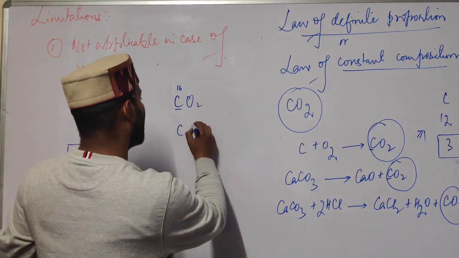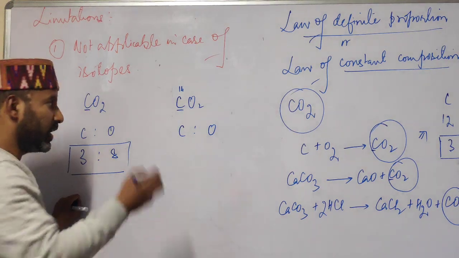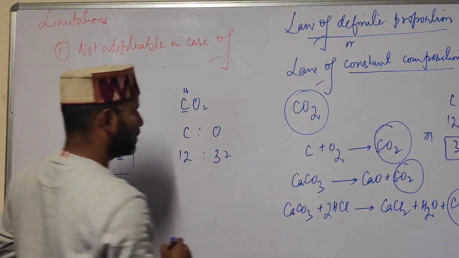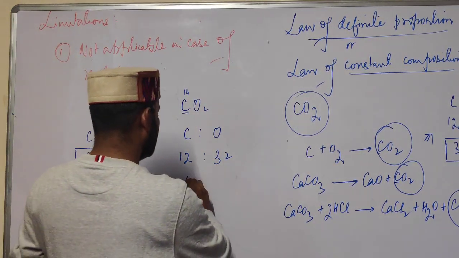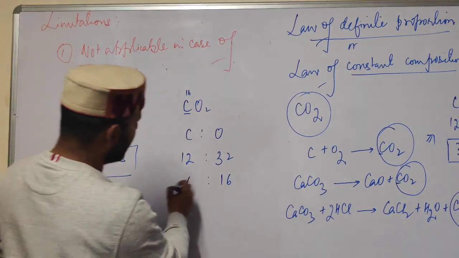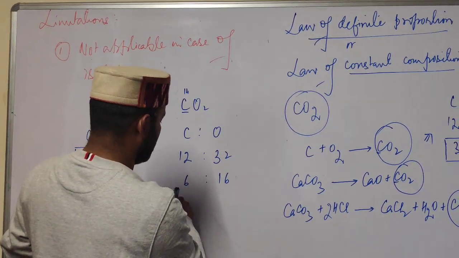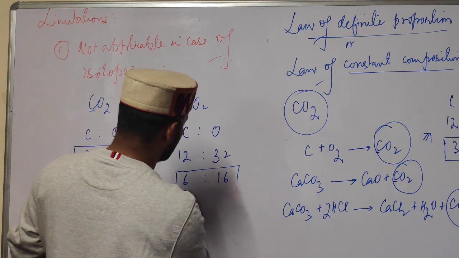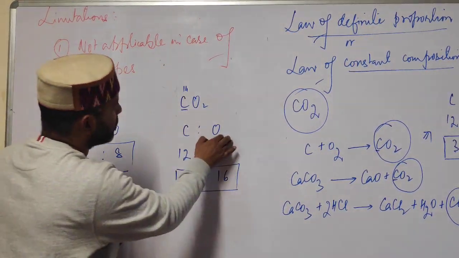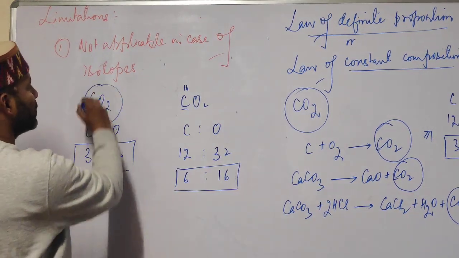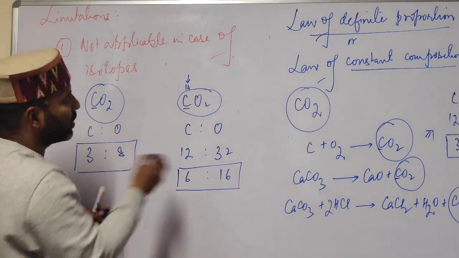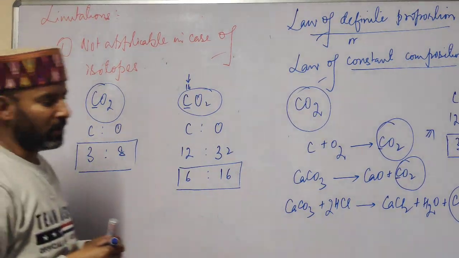Then we have the same carbon and oxygen, but the ratio in which they combine is 14:32, or we may write it as 7:16, and this cannot be simplified further. So now see, the ratio in which carbon and oxygen combine is not the same, though the compound is the same. But since one of the elements is in isotopic form, the ratio does not remain the same.